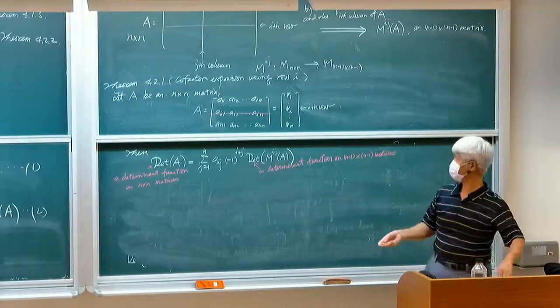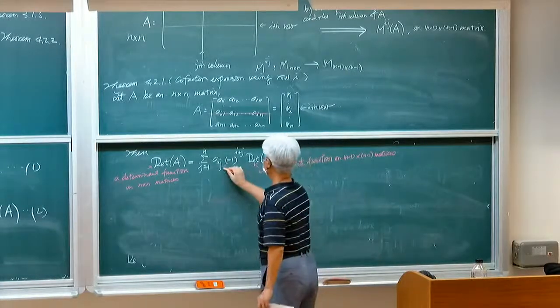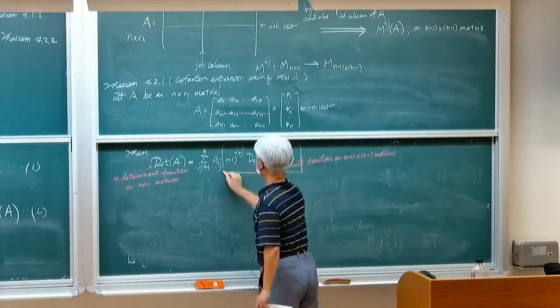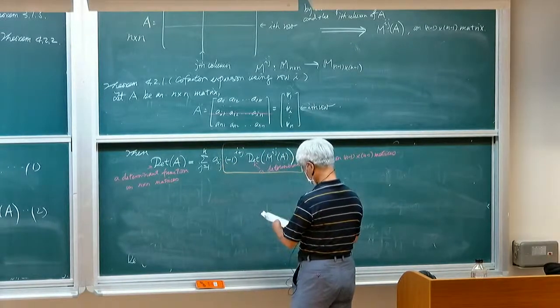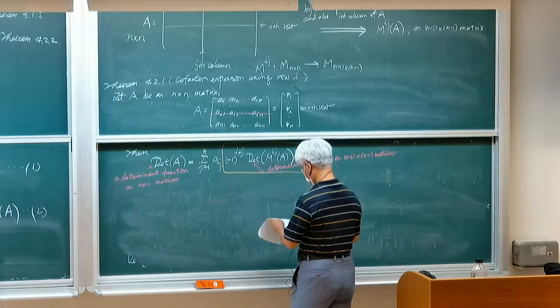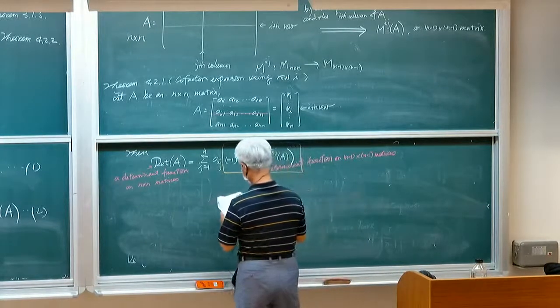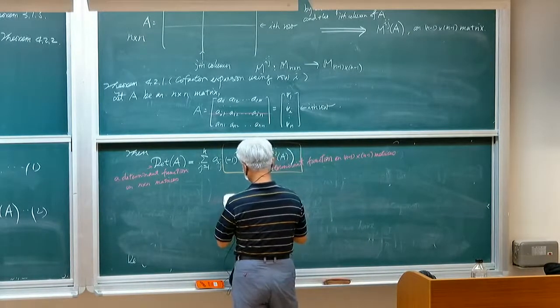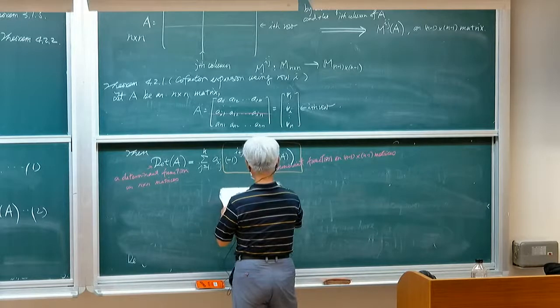And what is cofactor? Okay. Cofactor means that, co-Aij. So this quantity is defined to be Cij.